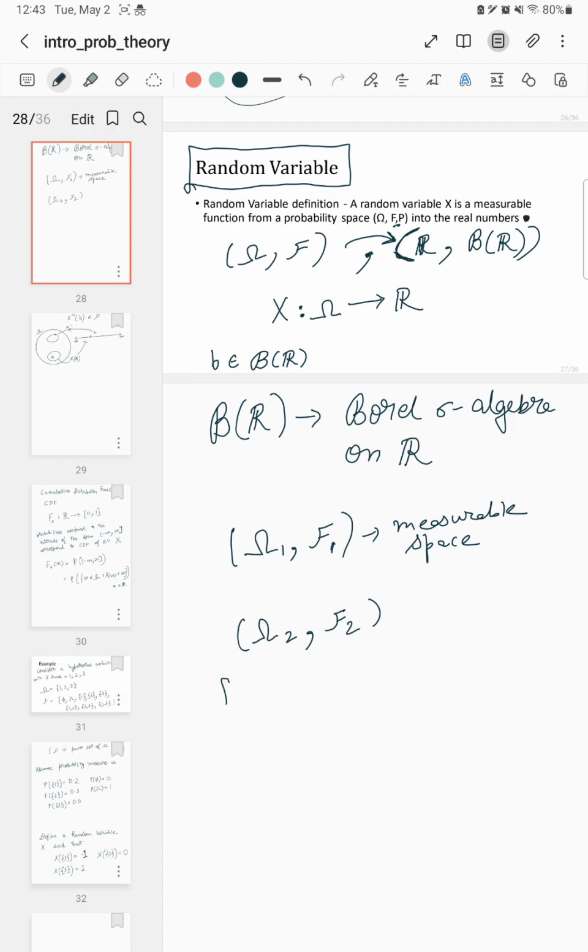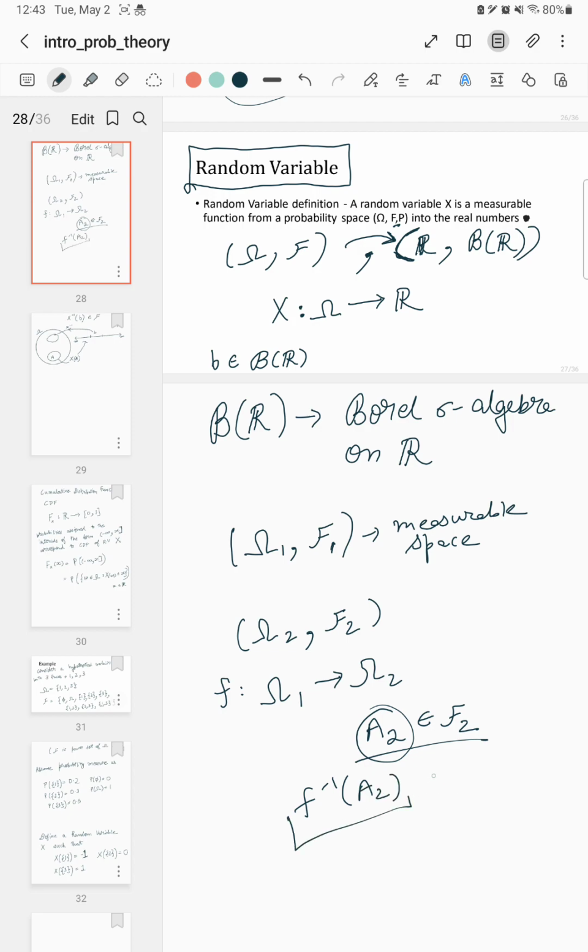Now a measurable function is a function which maps from omega 1 to omega 2 sample space, such that for every event present in the F2 sigma algebra, for every such A2, there exists a pre-image f inverse of A2 such that f inverse of A2 belongs to the sigma algebra F1.